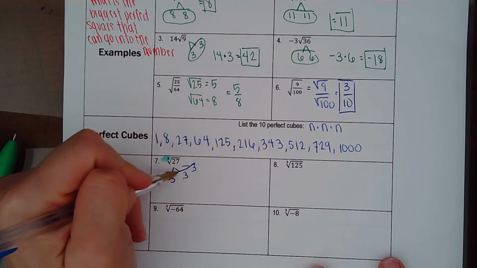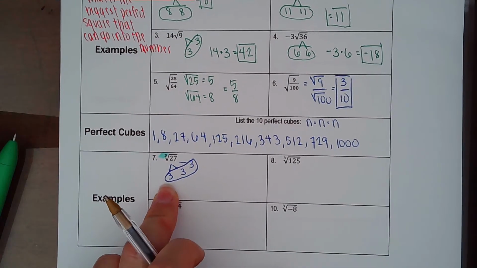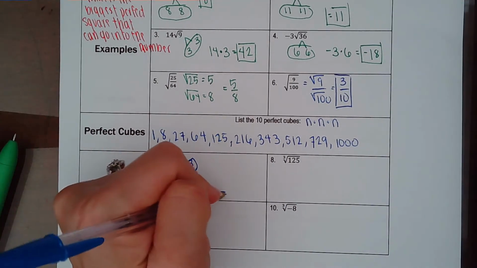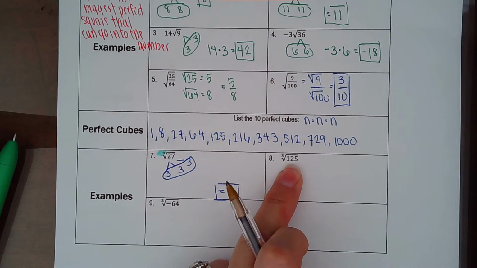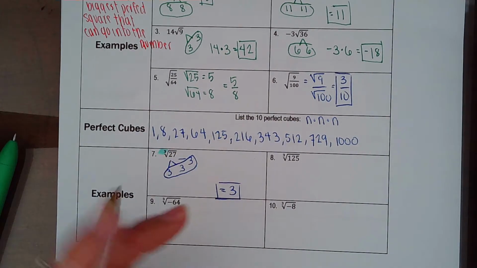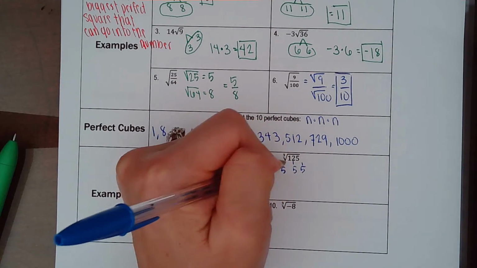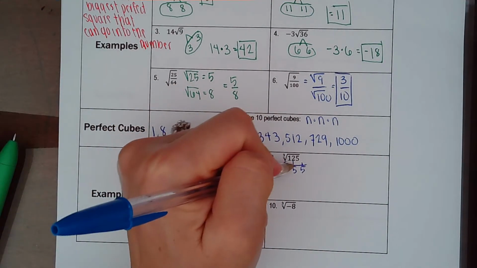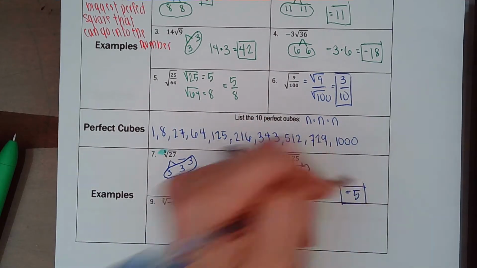Well, this time you need a set of 3 to come outside of the radical. So this would simply be equal to 3. All right, 125, if we look, that was when we cubed 5. So you would have a 5, and a 5. And again, we have a set of 3, so it can come out of the radical.